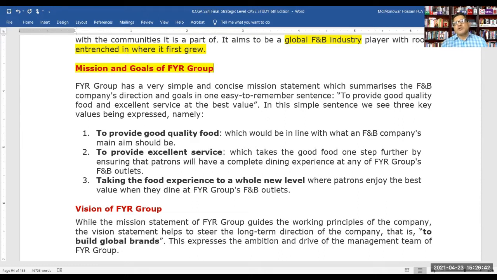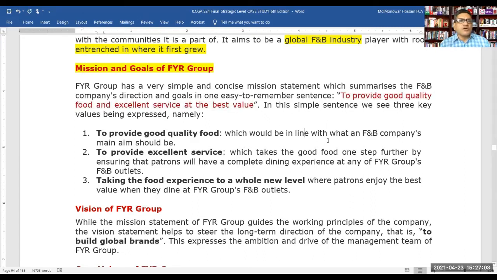That is, to provide good quality food and excellent service at the best value. This is their mission statement. So what is the mission statement?